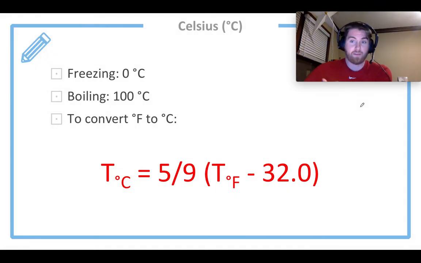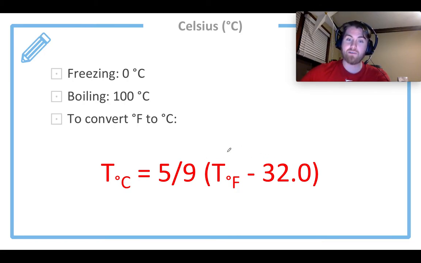Celsius is like the forefather. It's the actual temperature scale that you would assume scientists use because it's a 0 to 100 scale. Now, something to notice about this equation, this is temperature Celsius. If you're trying to find temperature Celsius, it is 5/9 and then notice the parentheses.